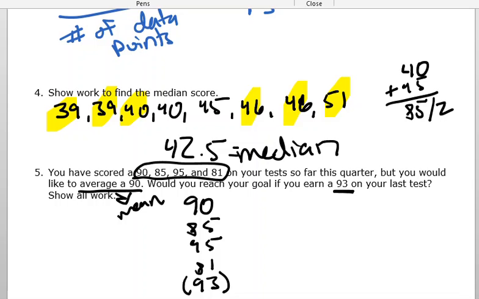And I'm going to just do that again. 90 plus 85 plus 95 plus 81 plus 93. That gives me 444. Divide that by 5. All right, and that gives me an 88.8. Okay, 88.8. So the answer is no. I would only have an 88.8.